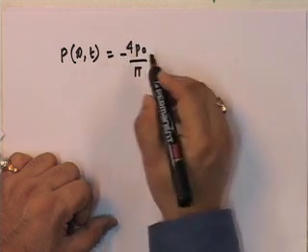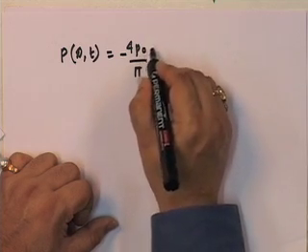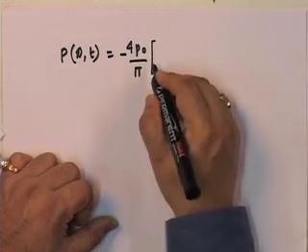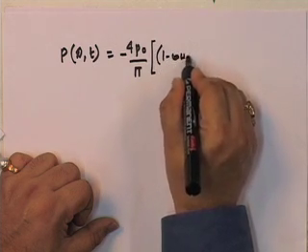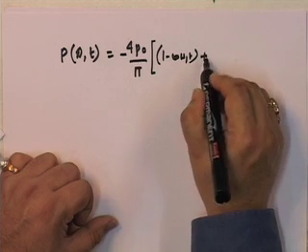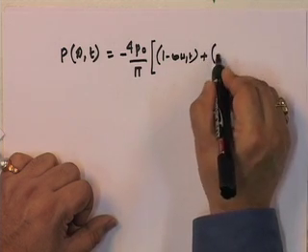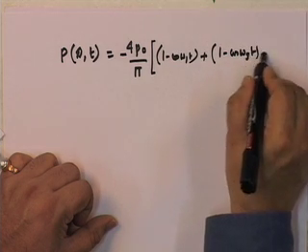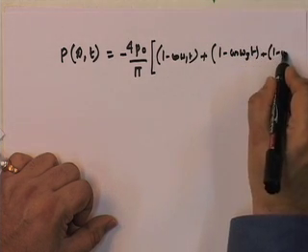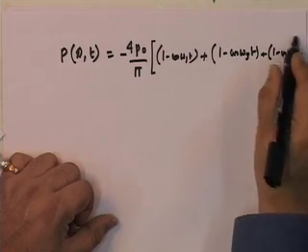So, this becomes minus outside, and inside we have 1 minus cosine omega 1 t plus 1 minus cosine omega 3 t plus 1 minus cosine omega 5 t plus plus plus.